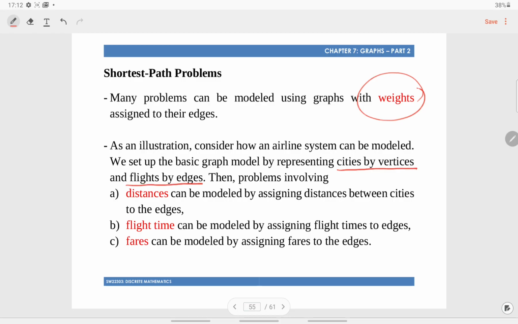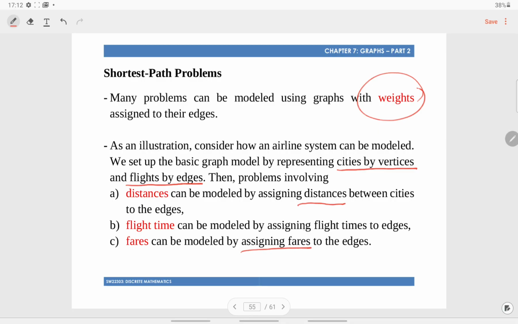From this model, some problems can arise. For example, problems involving distances can be modeled by assigning distances between cities to the edges. Flight time can also be modeled by assigning flight times to the edges, and fares by assigning fares to the edges.